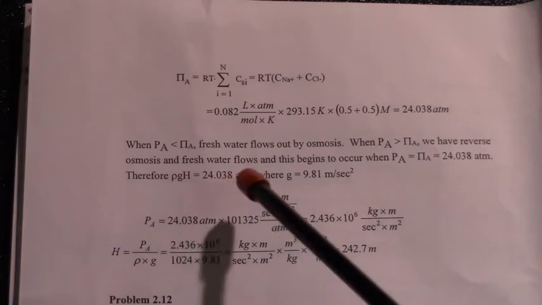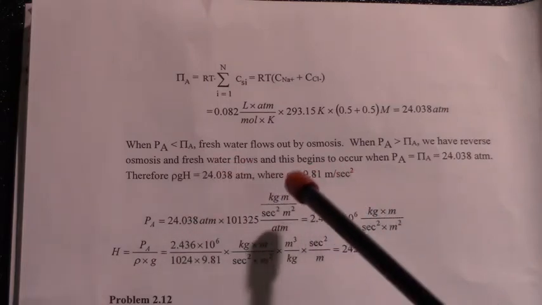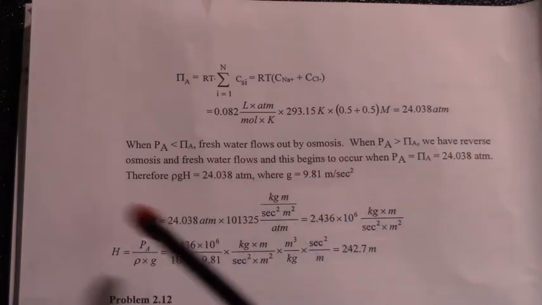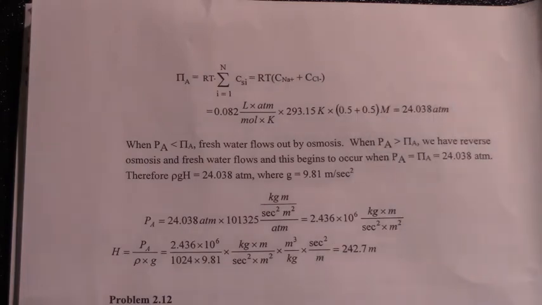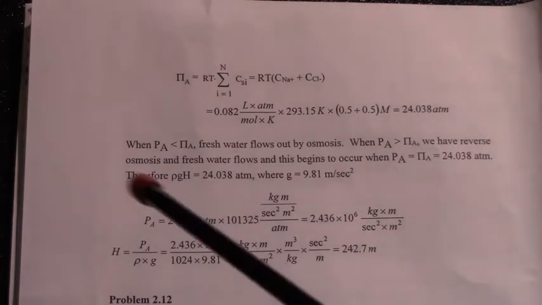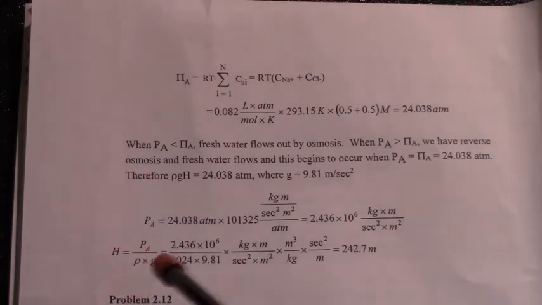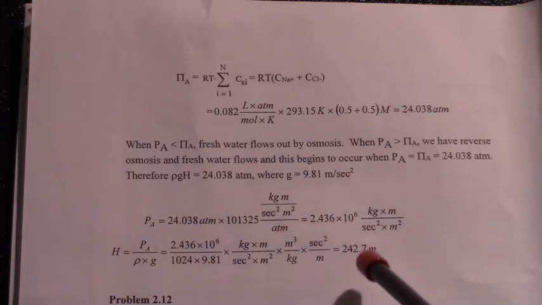Therefore, rho GH is equal to 24 atmospheres, and with G equal to that value, you can go through the next set of calculations that I show right here, and you can see that the critical depth is roughly 243 meters. If you go deeper than that, then you could run a reverse osmosis system just using the local hydrostatic pressure of the seawater.